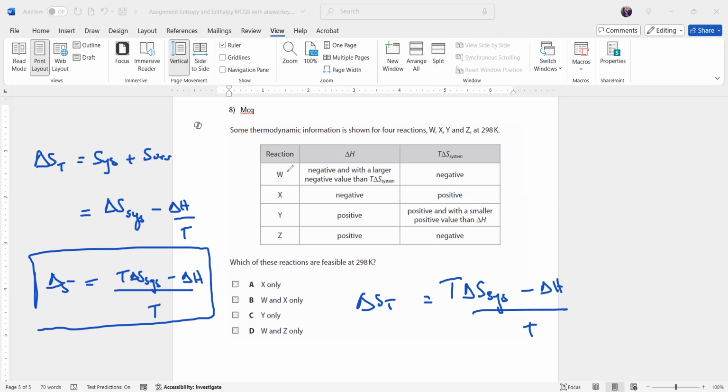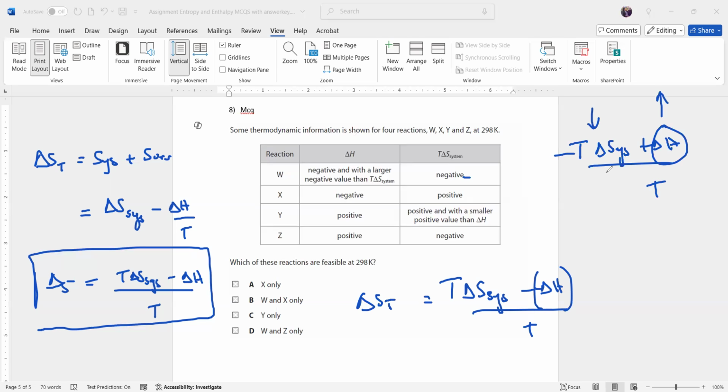The first option, W: they say delta H is negative, with a large negative value. If delta H is negative, then minus negative will become positive. So this will become T delta S system plus delta H over T. They mention that delta H has a larger value, and the T delta S term is negative but with a smaller value.